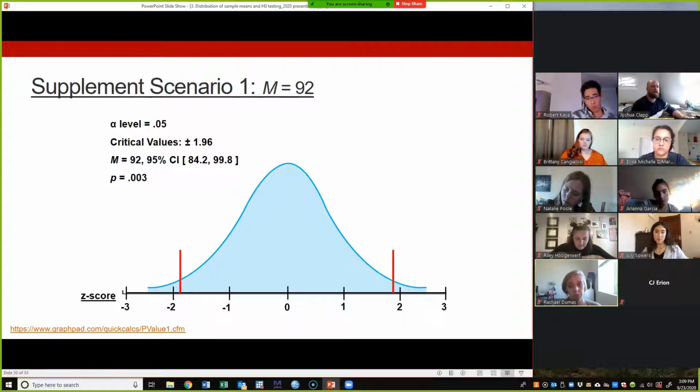So in scenario 1, where we have a mean value of 92, my alpha level is 0.05, my critical value is 1.96. Ari, where did I get 1.96 for my critical values?